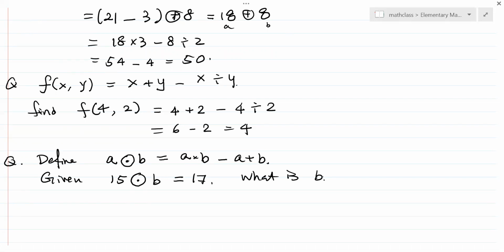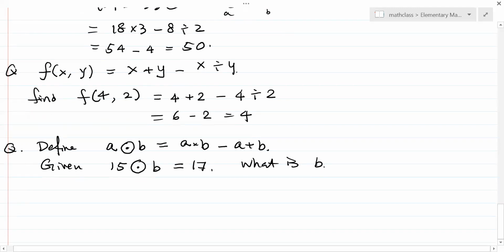Let's express 15 circle dot B in more detail. So in the place of A is 15 times B, right? Minus A is 15 plus B. That's supposed to be 17. All right. Now we have to solve a kind of equation.